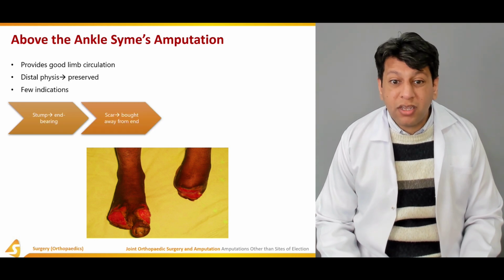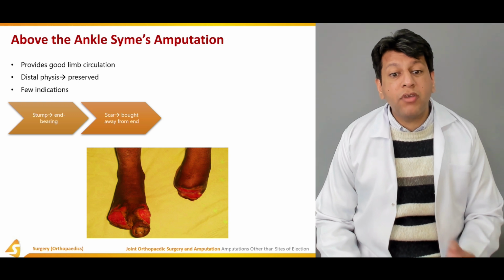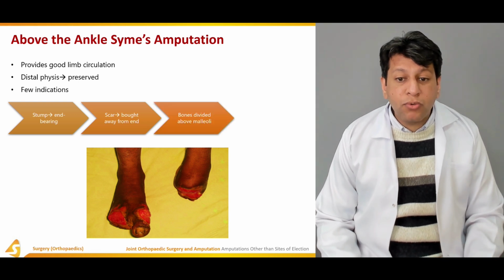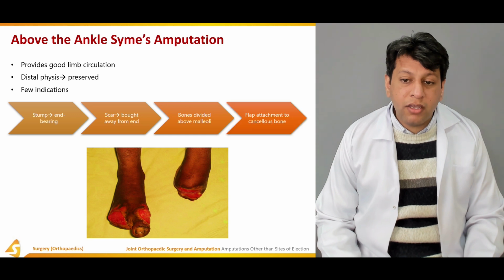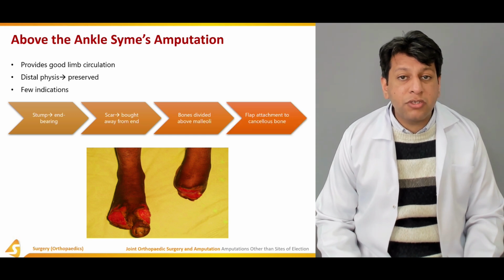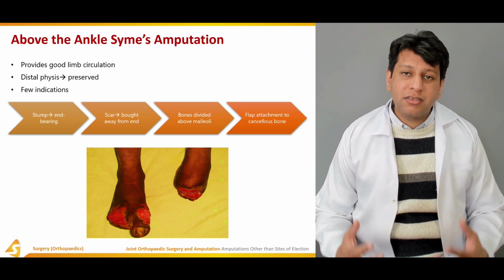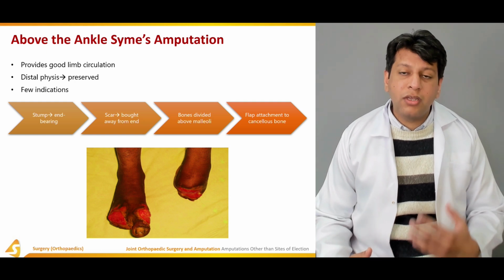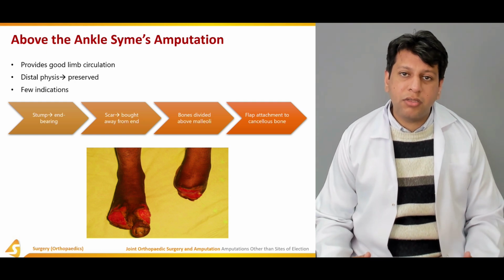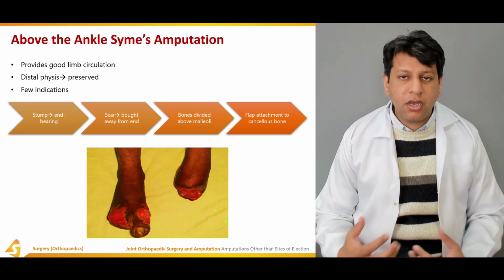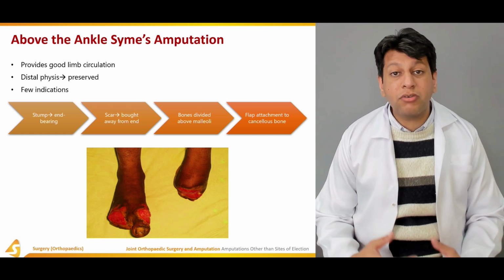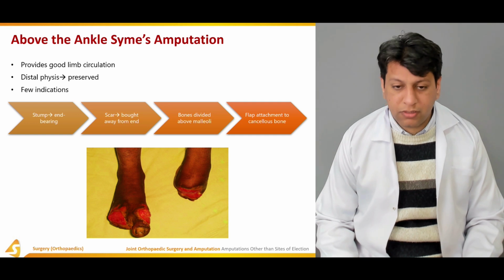The stump is end bearing and the scar is brought away from the end. The bones are divided above the malleoli and the flap is attached to the cancellous bone. But as the limb length is so good and there's very little energy expenditure, the problem is the prostheses are not as good, and the patient is not as satisfied as with the below knee amputation.